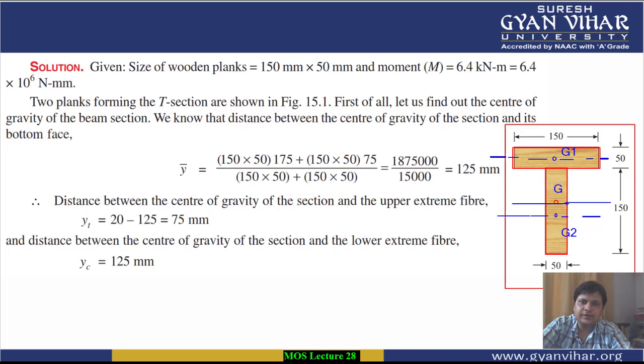Then how will we calculate? First G1 will be calculated. We all know that for a rectangle the center of gravity can be easily calculated. Since this whole composite beam is symmetrical about the y-axis, only y bar we will calculate. And how will we calculate?